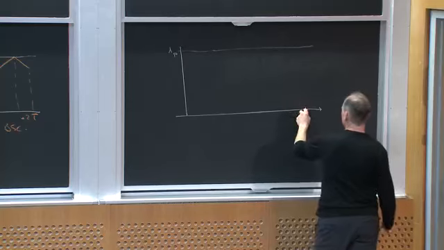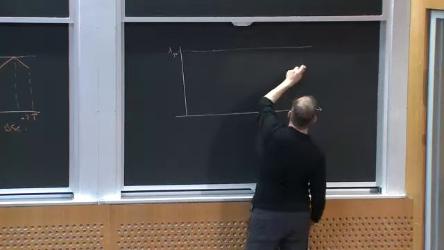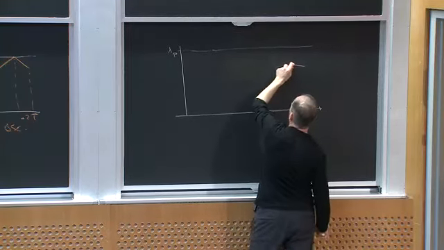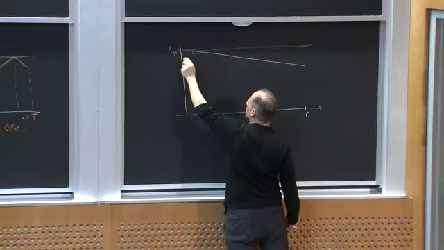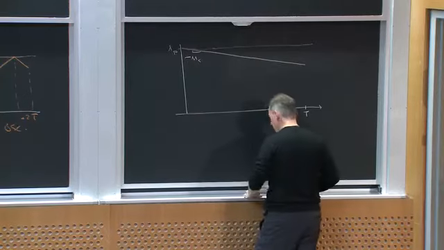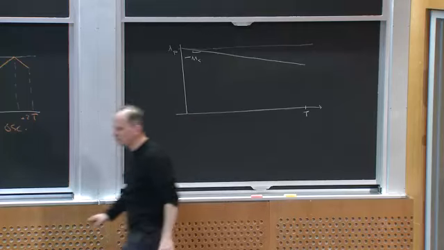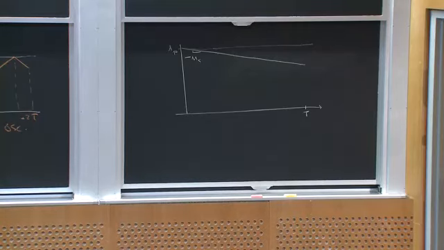Here's period T, right? So if my compensating ramp looks like this, at slope minus MC, maybe I could say my periodic steady state behavior looks like this.